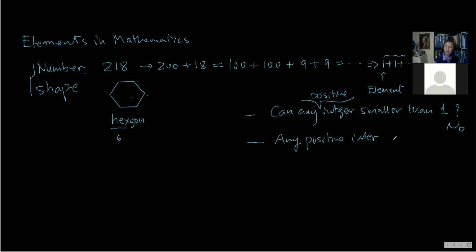It's just one example. It can be obtained by adding 1. Can you see? Adding many 1s. Yes. N1. Is that an element, isn't it?